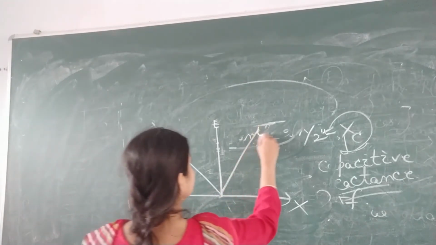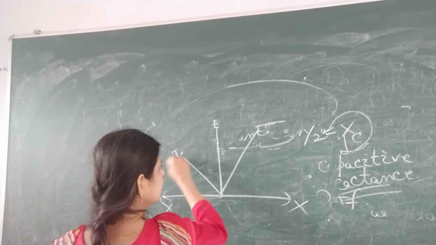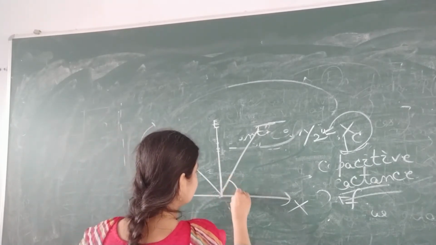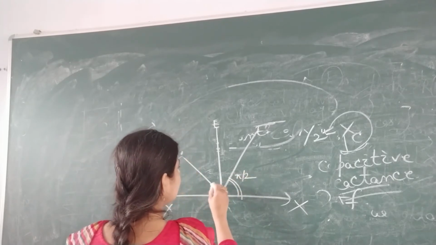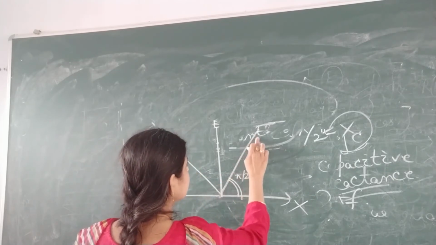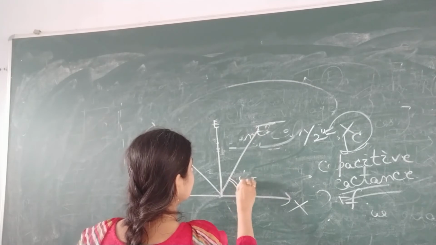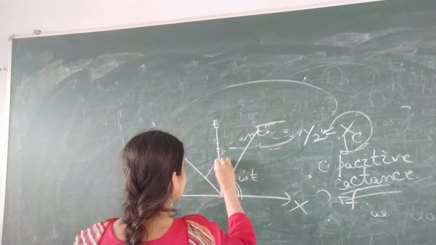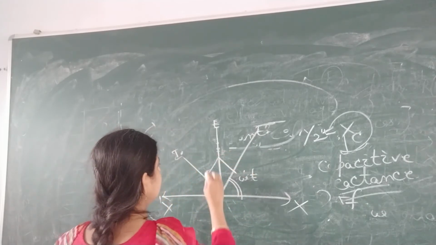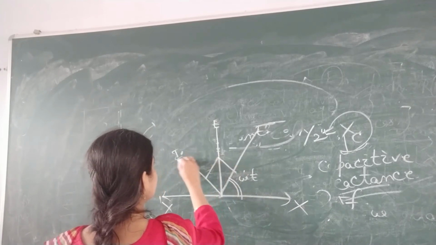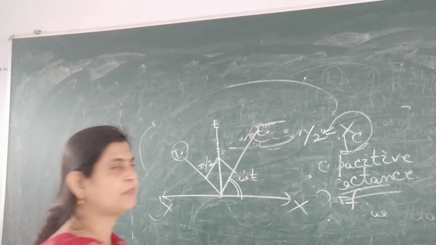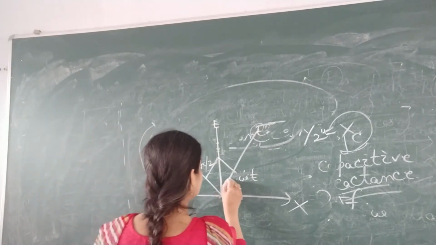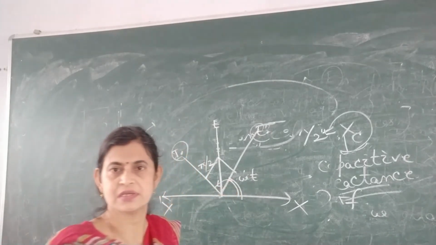So suppose this is your E0 and this is I0. So this angle will be pi by 2 and this angle will be omega t, and this angle will be in anti-clockwise terms.